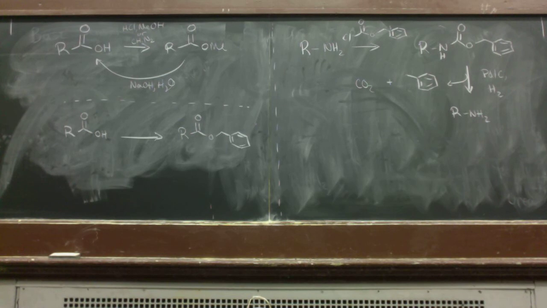How might we do that? Yeah, maybe we could deprotonate this with K2CO3 or something and treat it with benzyl bromide. That might work. In the presence of a free amine, that may be a little bit challenging, but if you could protect the amine first and then protect this, go back and forth, I think that would be fine. You could also imagine acidic conditions, right? HCl and benzyl alcohol, yeah.